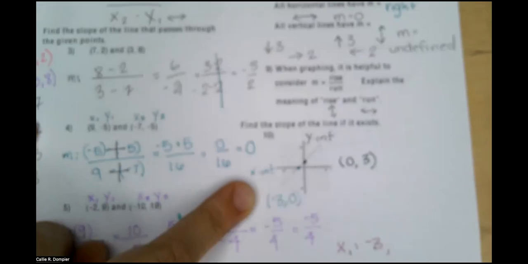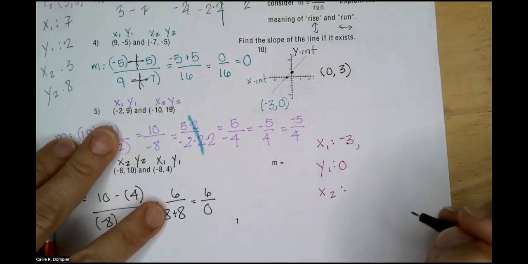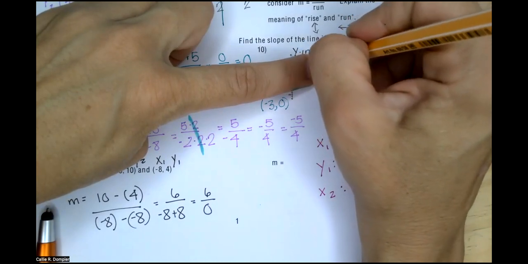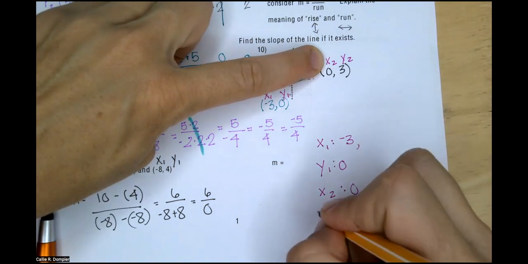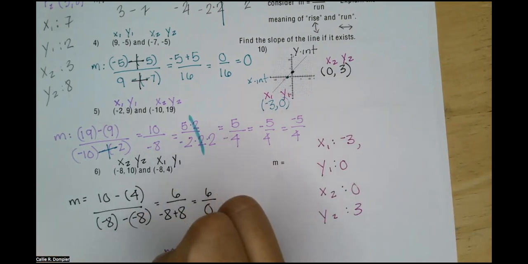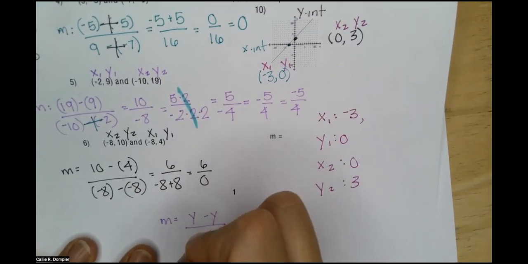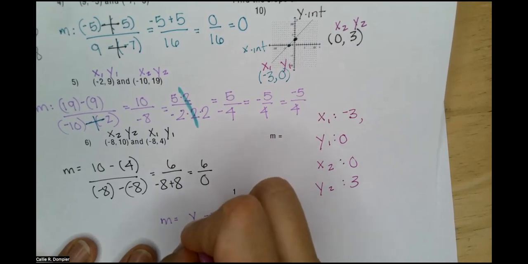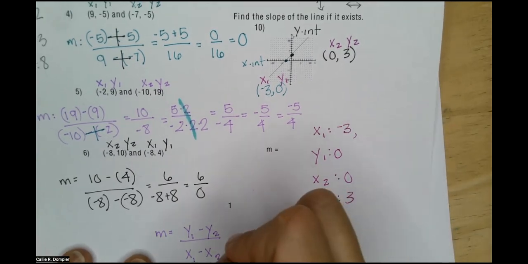X2 is 0. Y2 is 3. Good. Our slope formula is m is y minus y over x minus x. Again, it doesn't matter if it's y1 or y2, x1 or x2. Just make sure you keep them straight, okay?